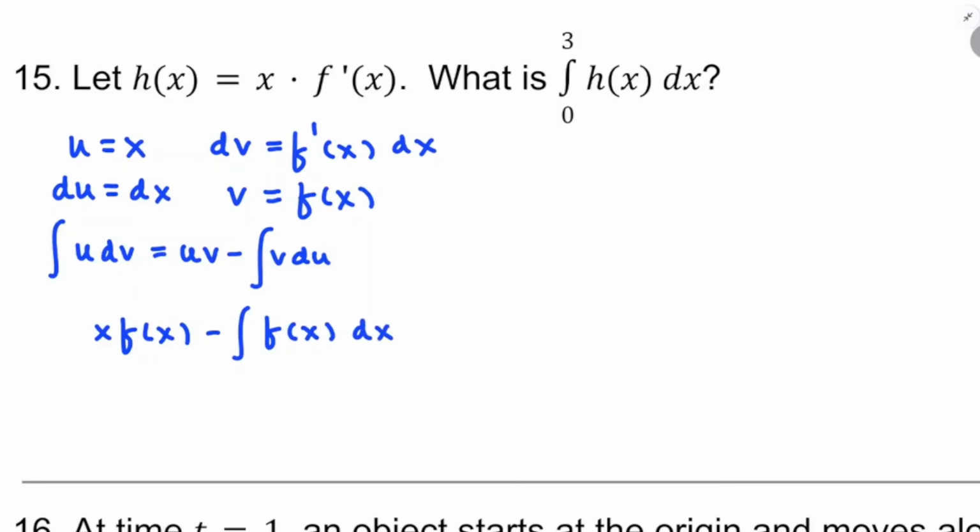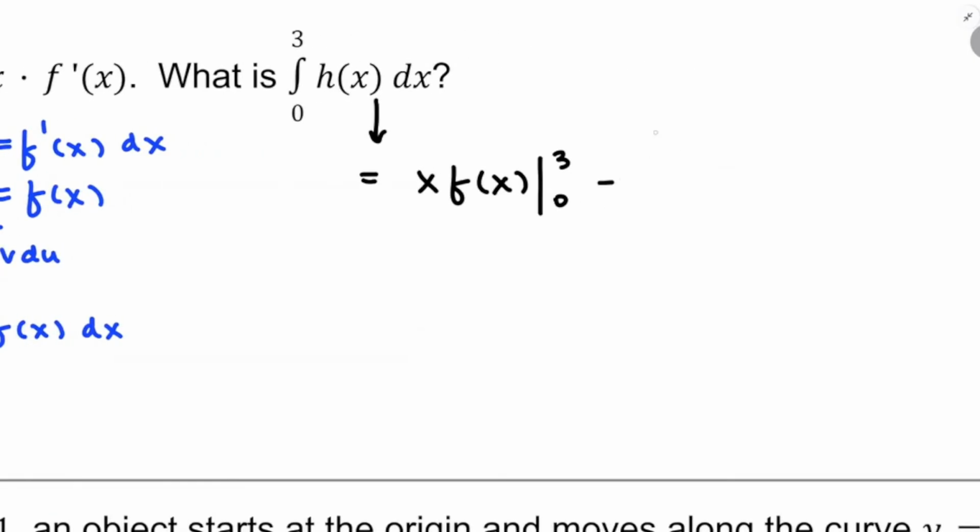Okay, so from 0 to 3, this is going to be equal to x f of x from 0 to 3 minus the integral from 0 to 3 of f, which I believe we already know.